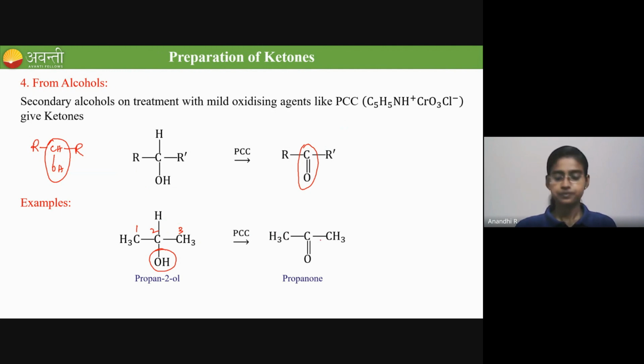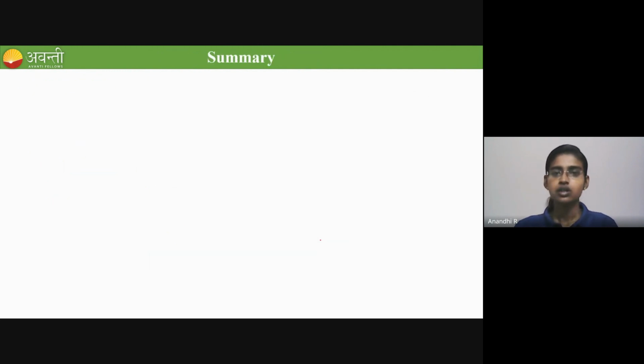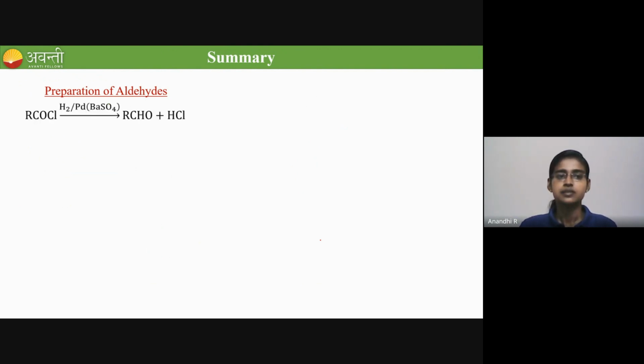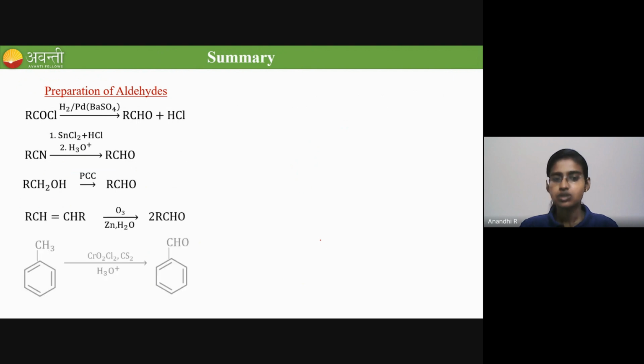Okay. Now let's move on to the summary part. So let's summarize what we have discussed so far. We have studied the preparation of aldehydes from Rosenmund's reagent, from Stephen's reaction, PCC and ozonolysis.